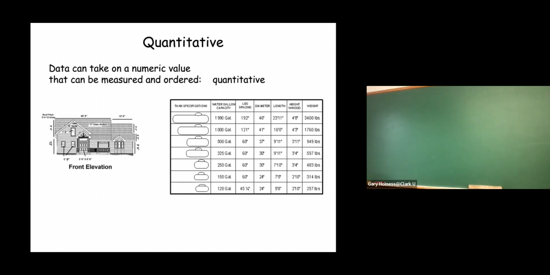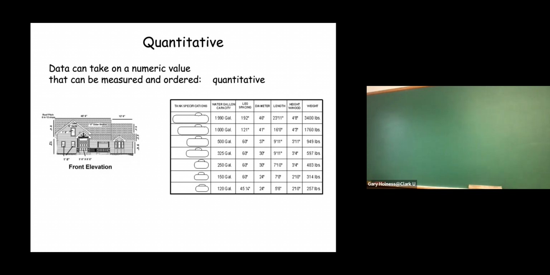There are other types of variables that are numerical in nature, so-called quantitative variables, and they take on numerical values. Now, these numerical values, because these values are numbers, there's a natural ordering to them. And so, for example, if we have measurements like elevation or we have measurements like the volume for liquid containing storage tanks, we can naturally order these measurements, 300 gallons, 500 gallons, 1,000 gallons.